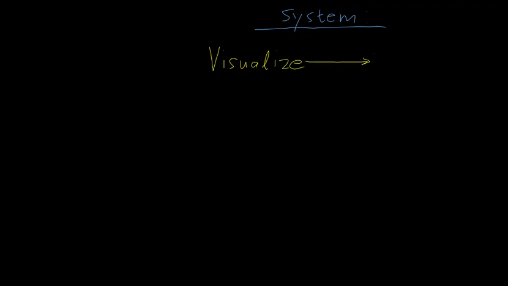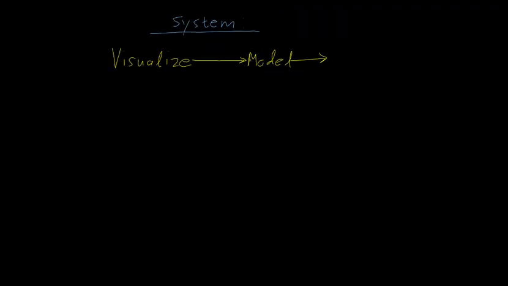Then we're going to model the problem. Then from the model, we're going to go to executing. Execute. And then we're going to verify. This step-by-step approach, as long as it's done properly, means we shouldn't miss any details.